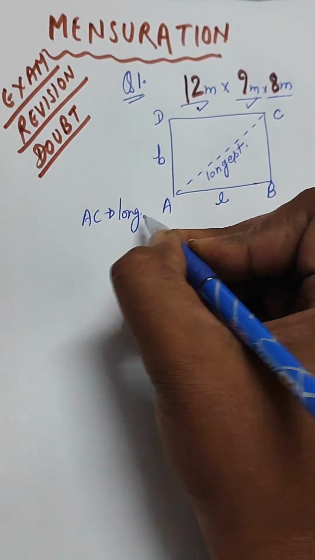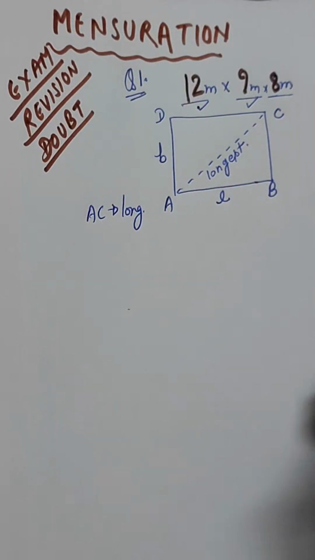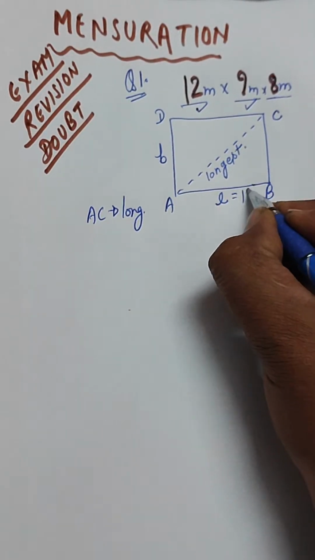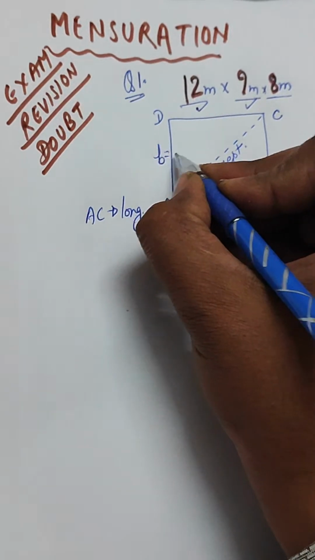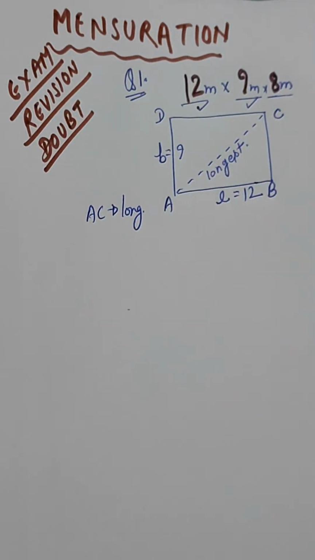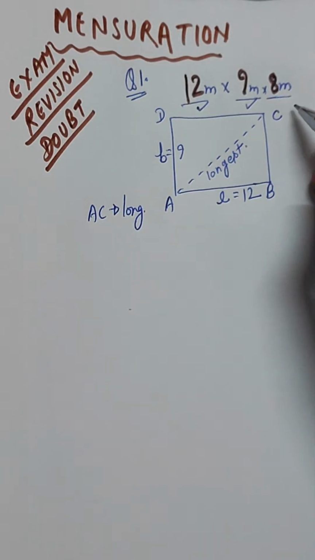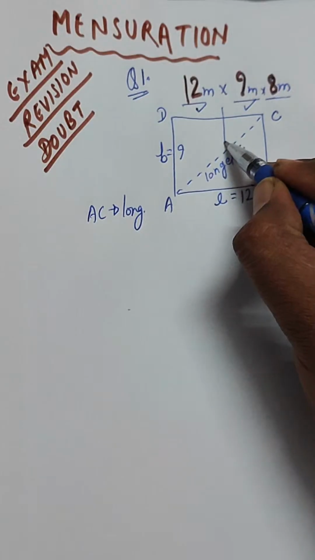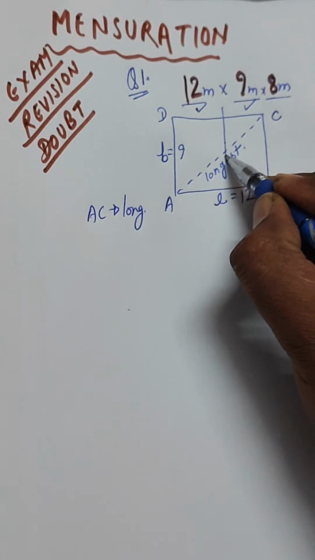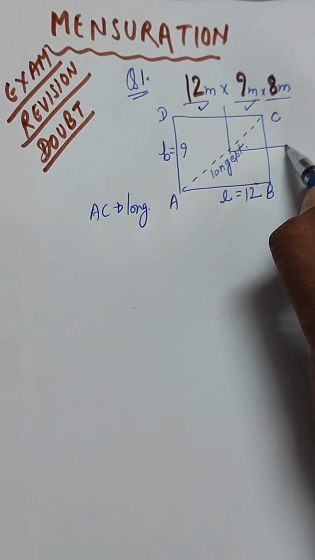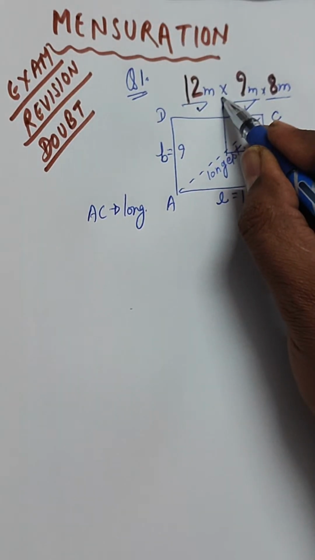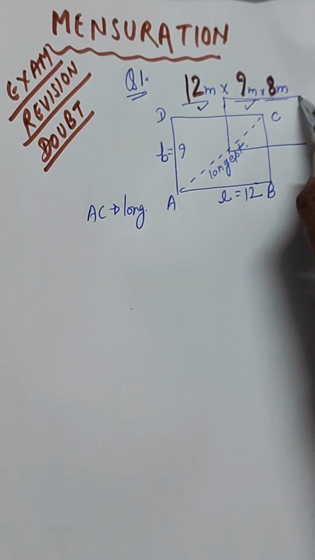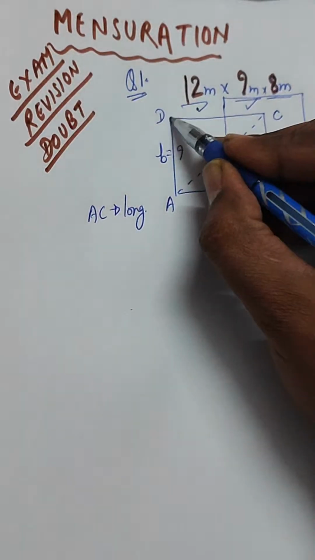AC is the longest, but this is a room whose length and breadth is given, but my dear friend, this is also having certain height. So if it is in the shape of a cuboid, the room will be looking like this. Okay, the room will be looking like this.